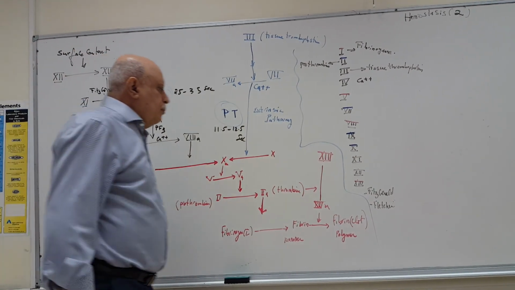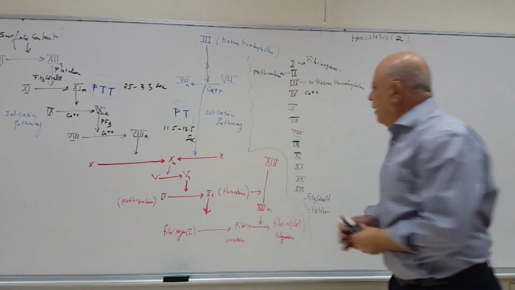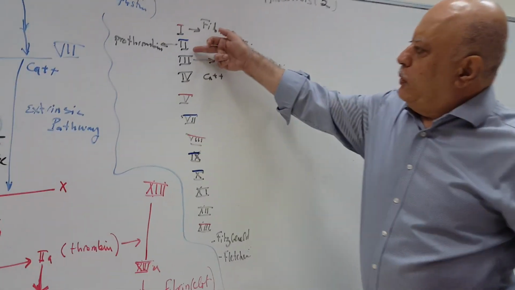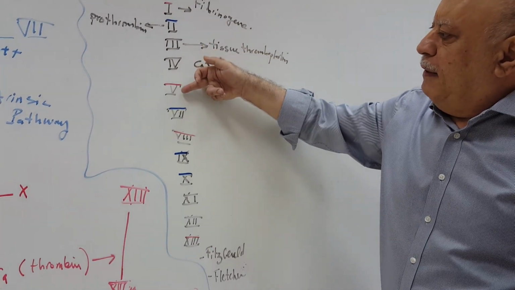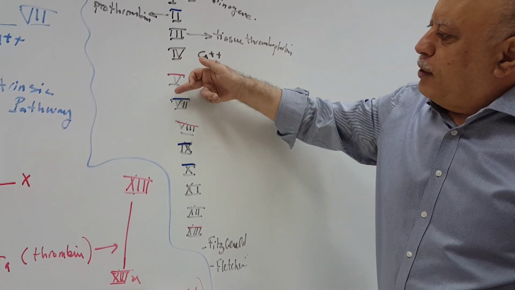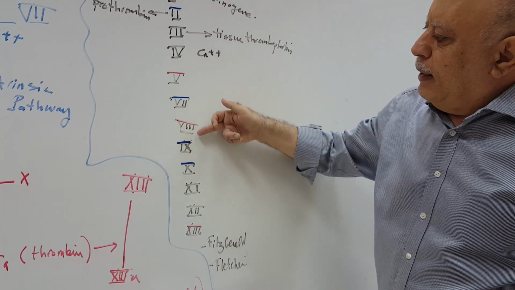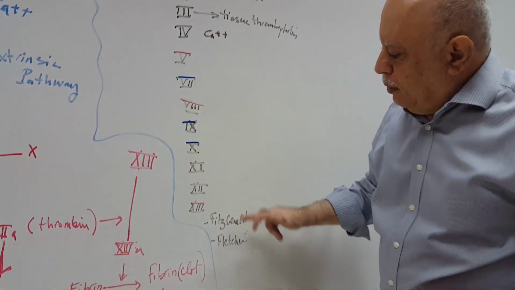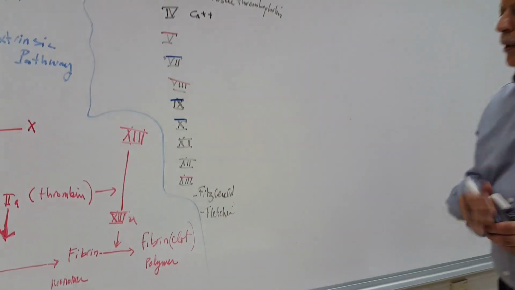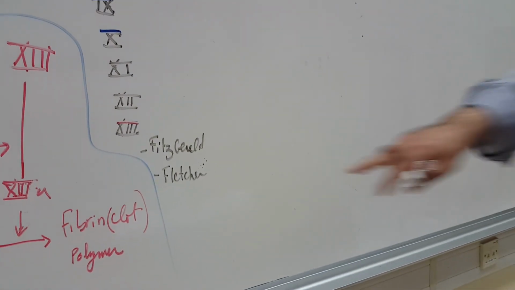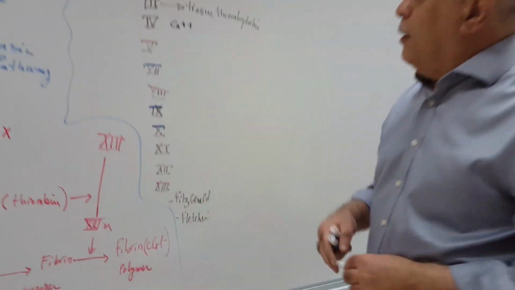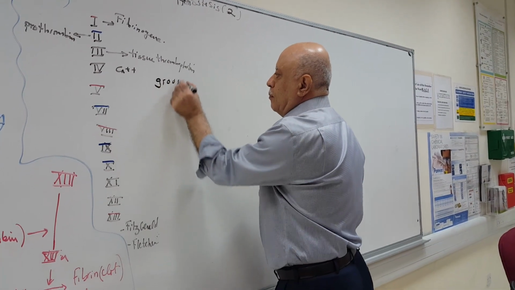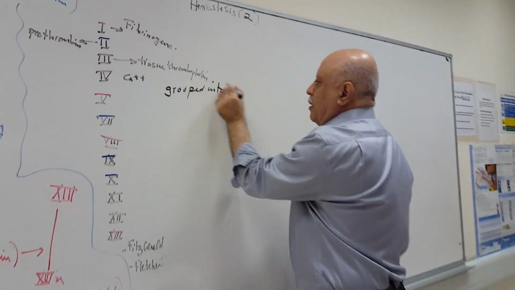Now, these are the factors: factor 1, 2, 3, 4, 5, 7. We said there is no 6. Then 8, 9, 10, 11, 12, 13, and the two other factors, Fitzgerald and Fletcher. These factors are grouped into 3 groups.